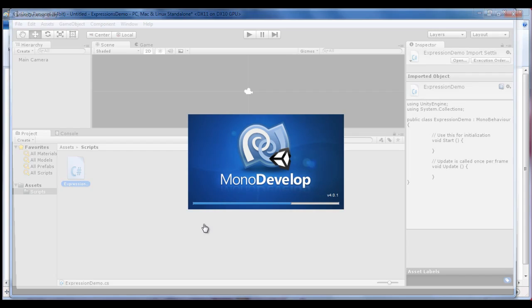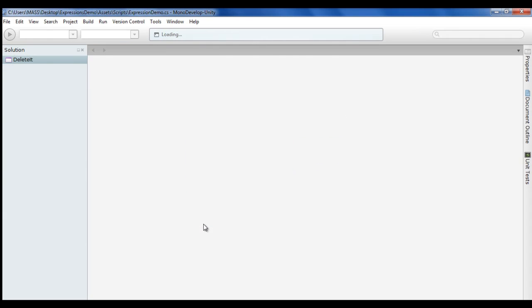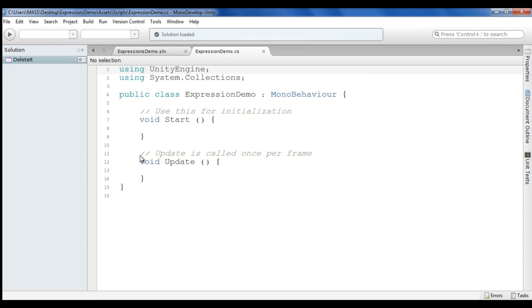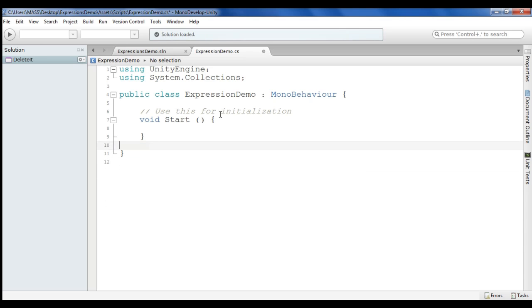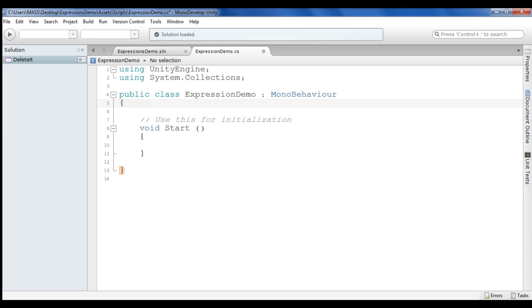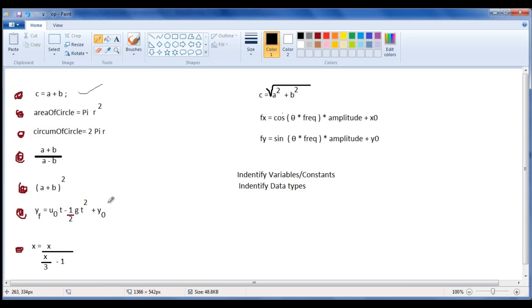We will see step by step how we convert those expressions to code, because when we will be working in games, definitely these are the different types of expressions that you will find. This is an example for projectile motion. These two are examples for circular motion, or creating sine waves or cos waves, or elliptical motion if you want.